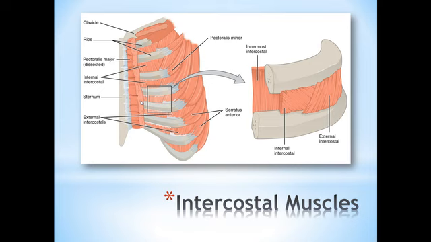The fibers of the internal intercostal muscles lie deep to the external intercostal muscles, and they run caudally and posteriorly. The external intercostal muscles originate on the inferior borders of ribs 1 through 11 and insert on the superior border of the rib below. The fibers run caudally and anteriorly at an oblique angle to the internal intercostal muscle.